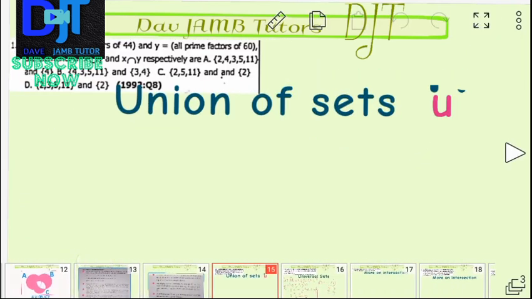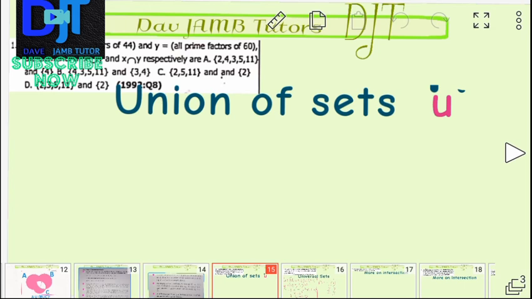So this first question says, if x equals all prime factors of 44 and y equals all prime factors of 60, the elements of x union y and x intersect y respectively are. Okay, so they said x is all prime factors of 44.